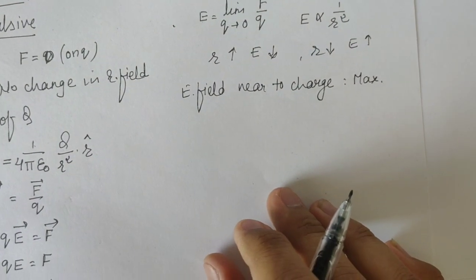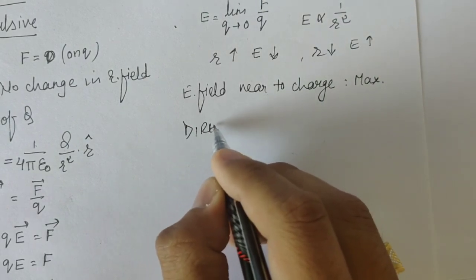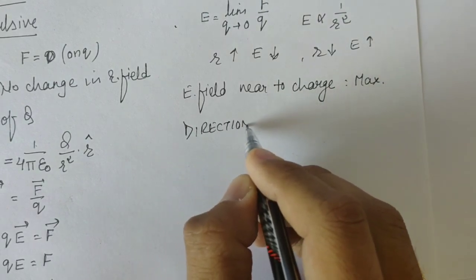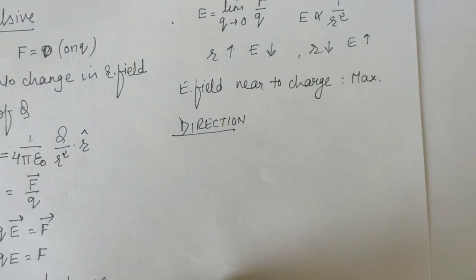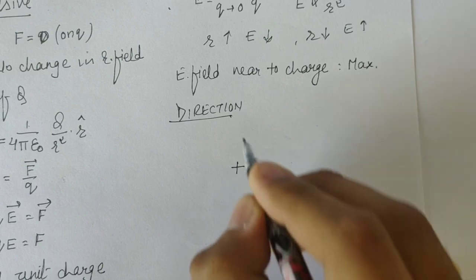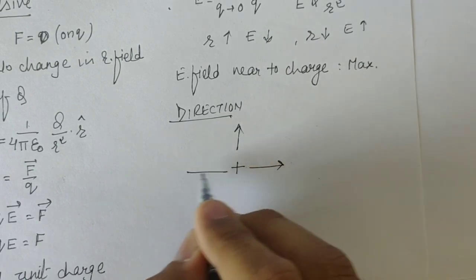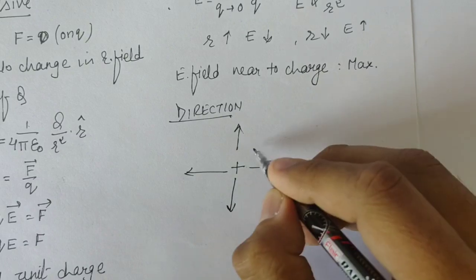Now let's see the direction. For a positive charge, the direction is radially outward.